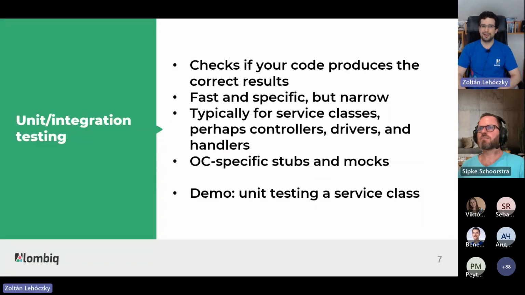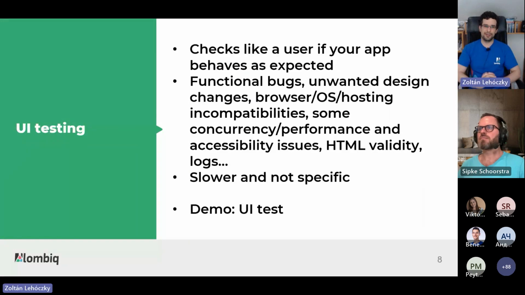But unit testing is not the only kind of testing. You may be surprised to hear. There's also UI testing. UI testing is, well, as the name suggests, automatically checking whether the UI of an application behaves as it should. And by UI, I indeed mean UI, not just a graphical user interface, but an API is also a UI.